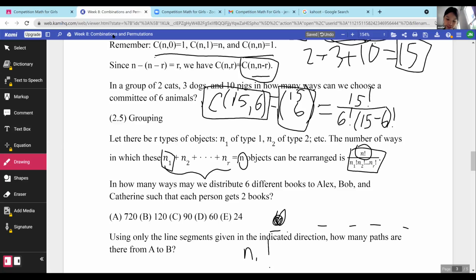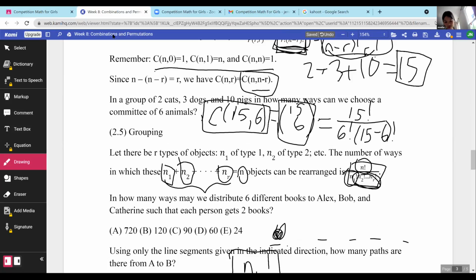So we should count them once instead of N1 factorial ways. So we divide. And similarly for the others, you also have to divide them too, because you only want to count them once.